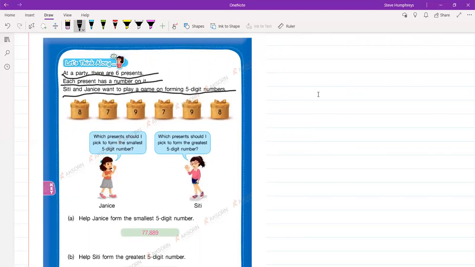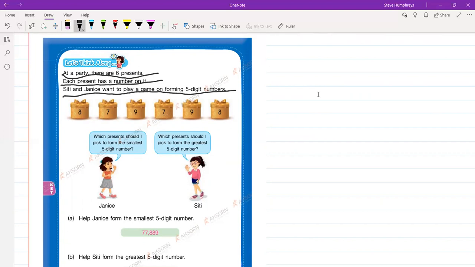So there are 6 numbers, but the game they're playing, they're only using 5-digit numbers. Janice says, which present should I pick to form the smallest 5-digit number? Help Janice form the smallest 5-digit number.